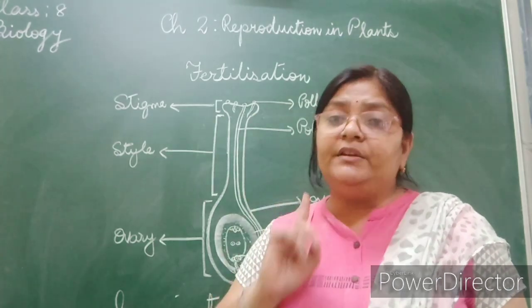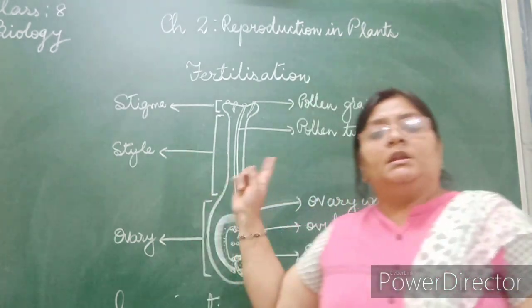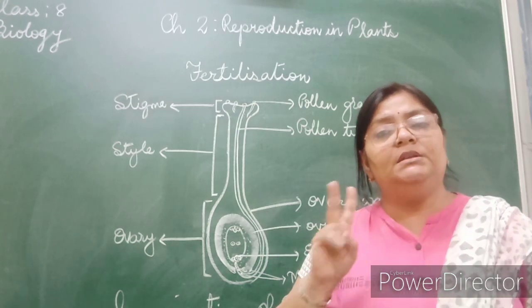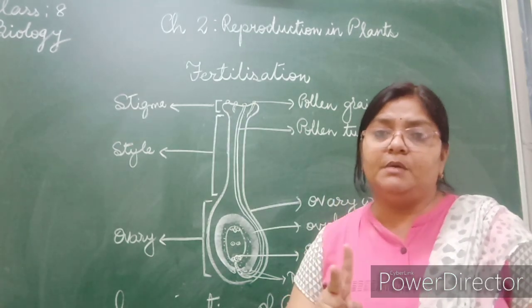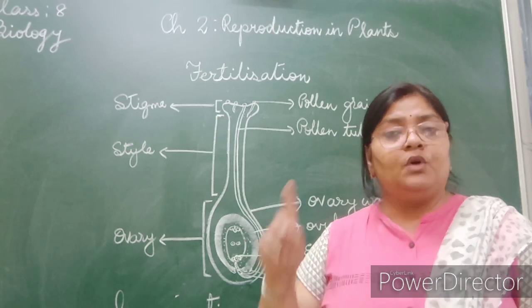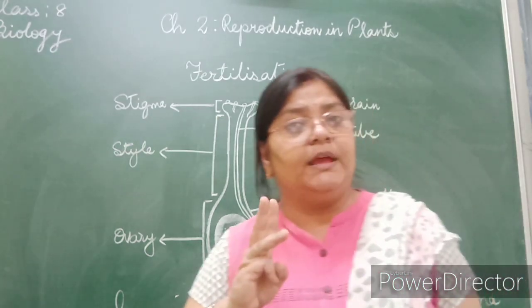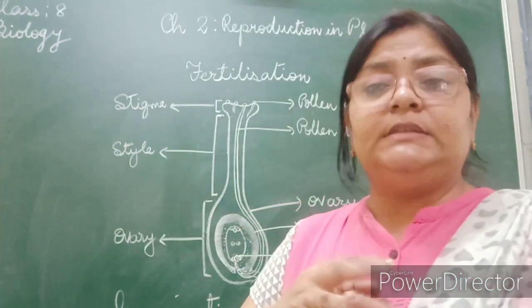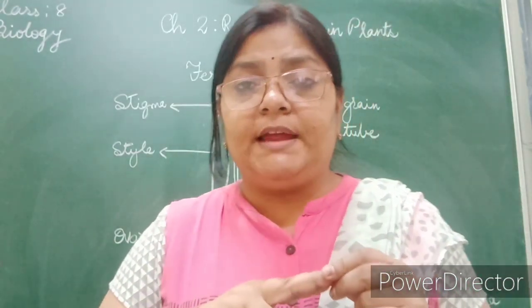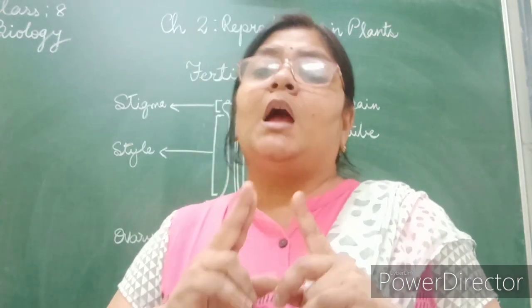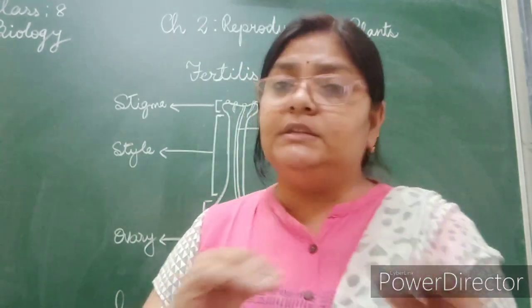The generative nucleus divides into 2 male gamete nuclei called the sperm nuclei. So actually the pollen tube had 3 nuclei, isn't it? The tube nucleus and the generative nucleus divided into 2 male gamete nuclei.